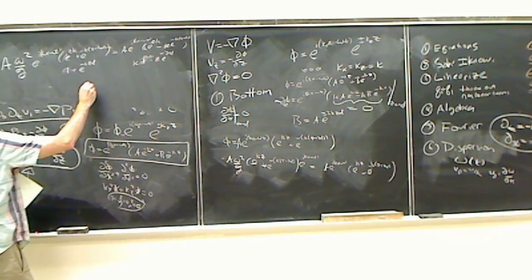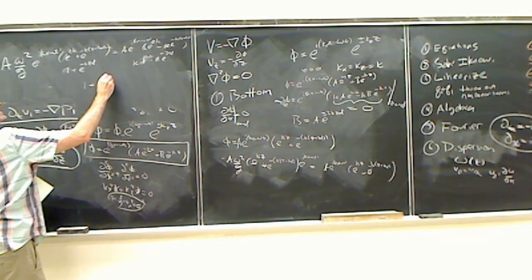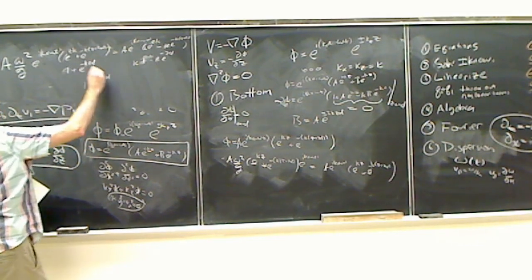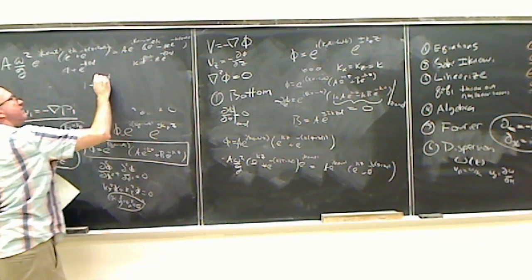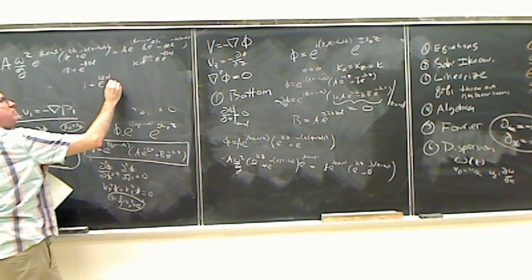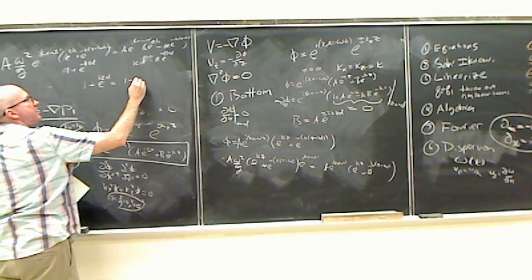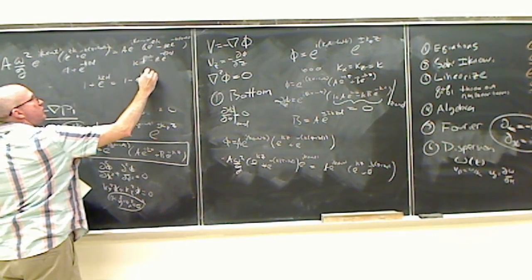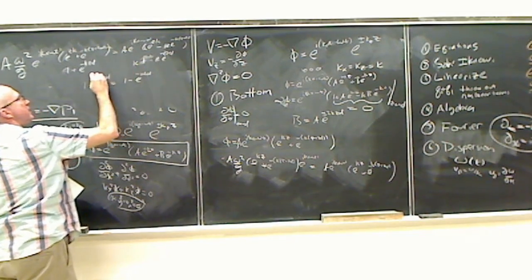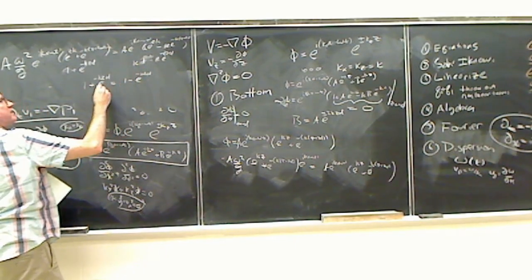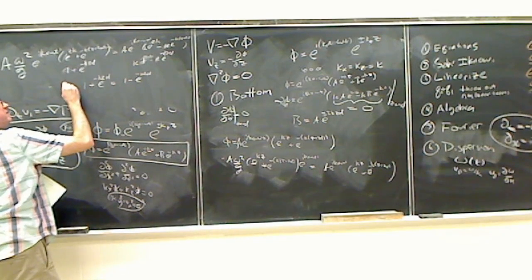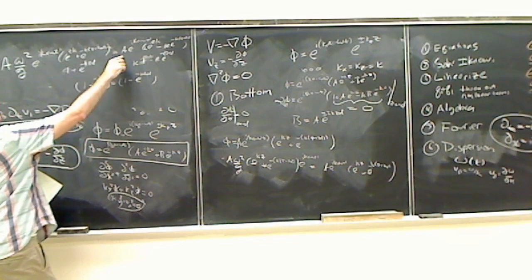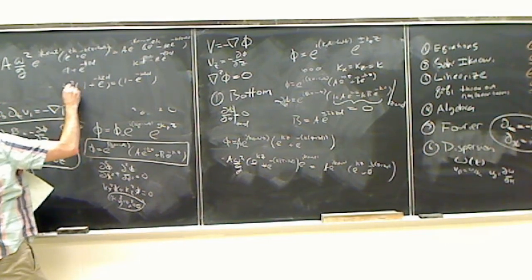So I've got 1 plus e to the 2kd equals 1 minus e to the 2kd. I can rearrange this. The a's cancel, and I'm left with just omega squared over g.